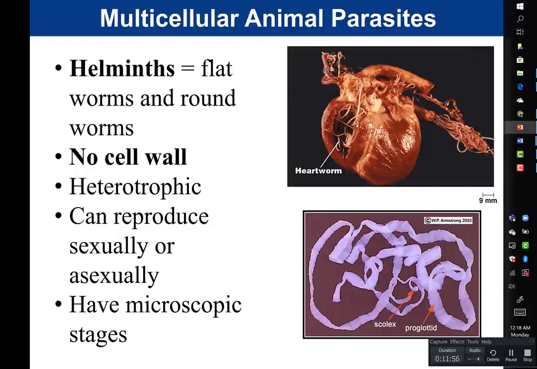And the reason that we're studying these is that while these worms are actually quite large, they do have microscopic stages, and they can cause disease. This is why we will be talking about these in microbiology as well.